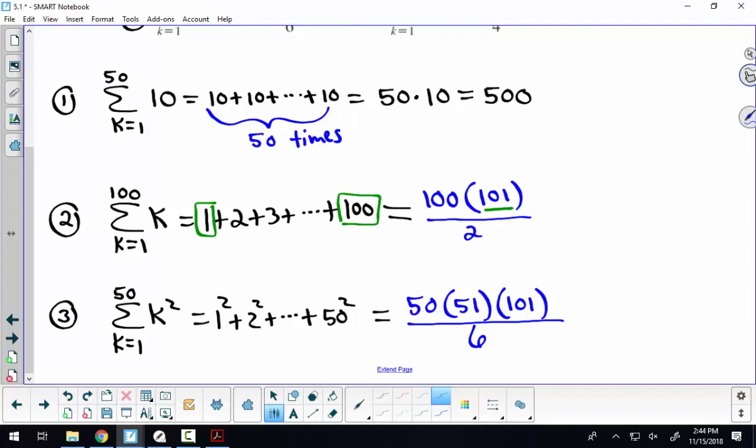I didn't actually compute these values, but this is much more efficient than typing out 1 squared plus 2 squared plus 3 squared plus 4 squared.